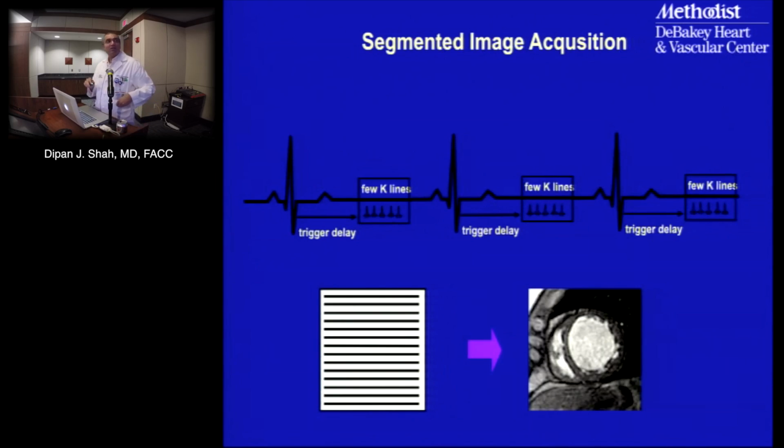But notice, this one image is actually obtained over multiple different cardiac cycles. So if there's something different between this cycle and this cycle, it could cause a problem with my image generation. If the patient can't hold their breath between this cycle and this cycle, that could cause an artifact.